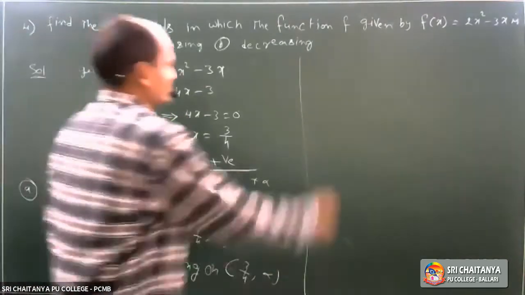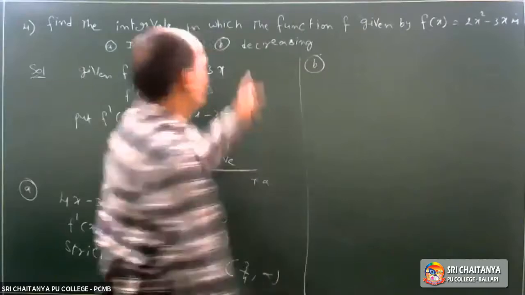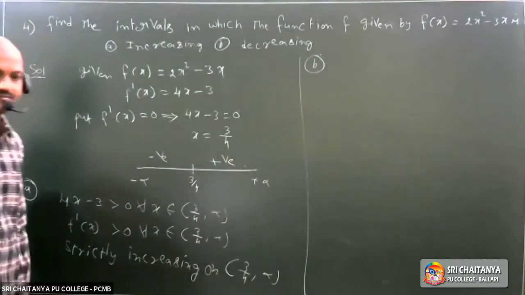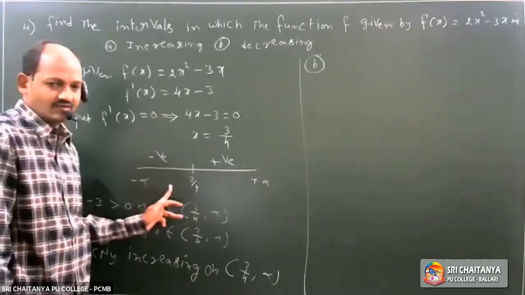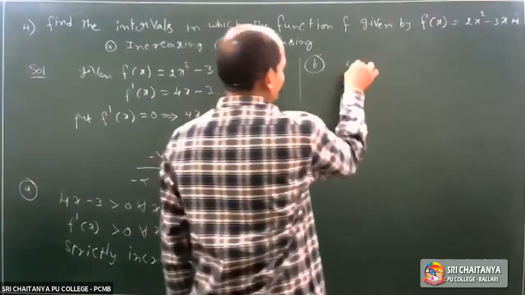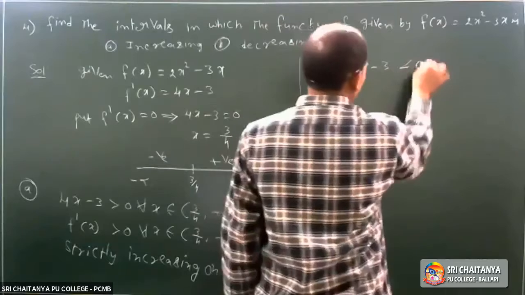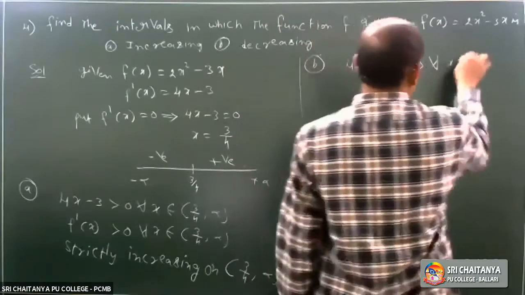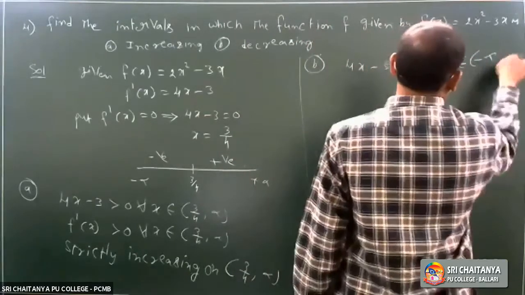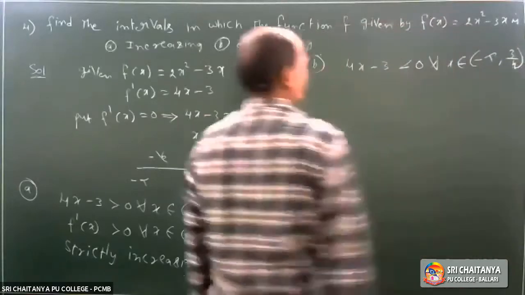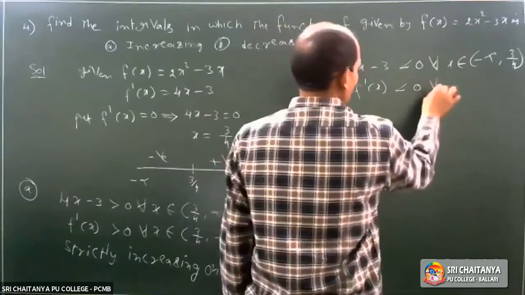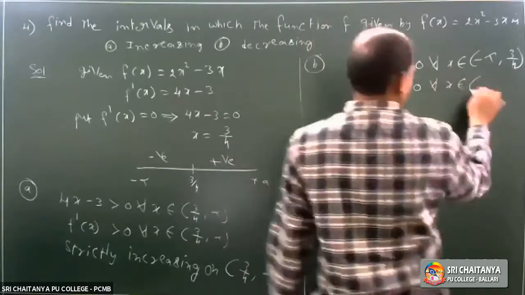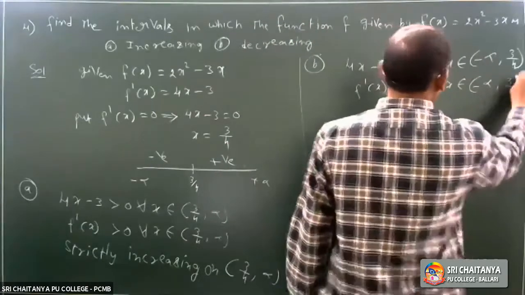Now the B question, where it is decreasing. 4x minus 3 is less than 0 for all x belonging to minus infinity to 3 by 4. That means f dash of x is negative for all x belonging to minus infinity to 3 by 4.